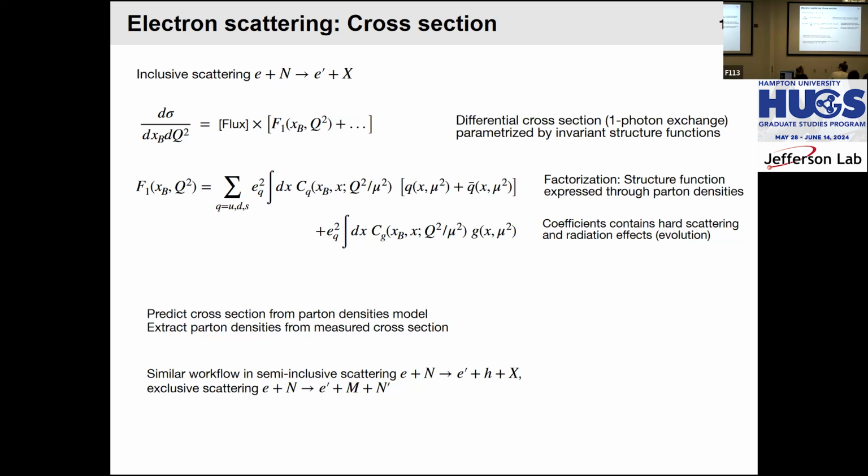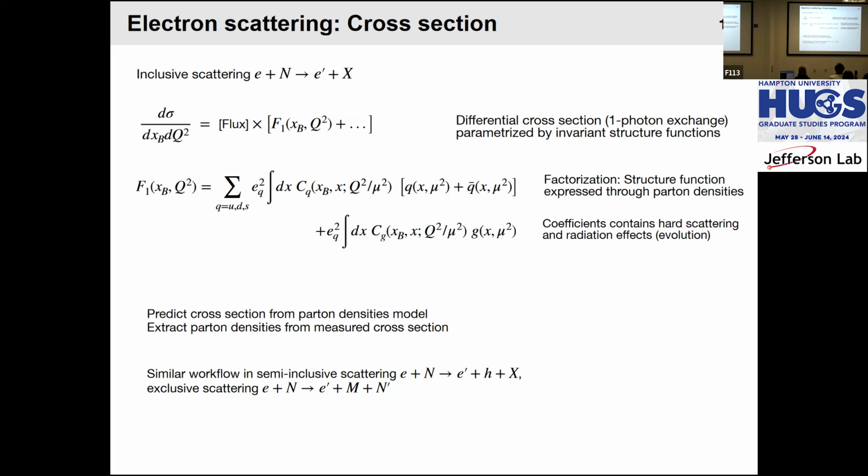We present the structure of the target at some scale mu square, which we can choose of the order of the hadronic scale, and then we sum up all the radiation that induces transverse momenta between that scale mu square and the scale Q square. This can be done in perturbation theory, and this goes into these so-called coefficient functions.